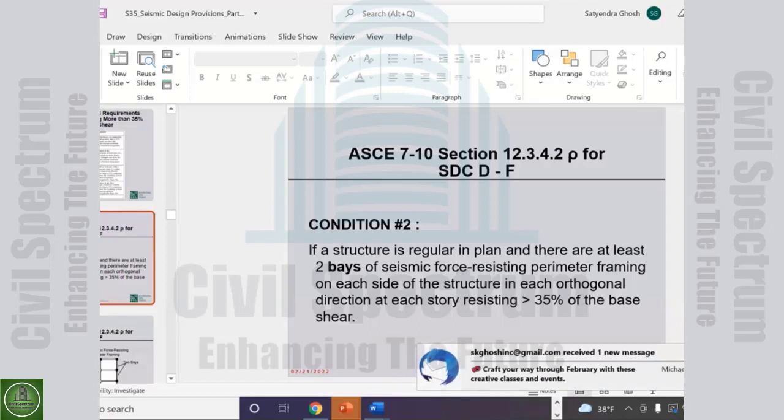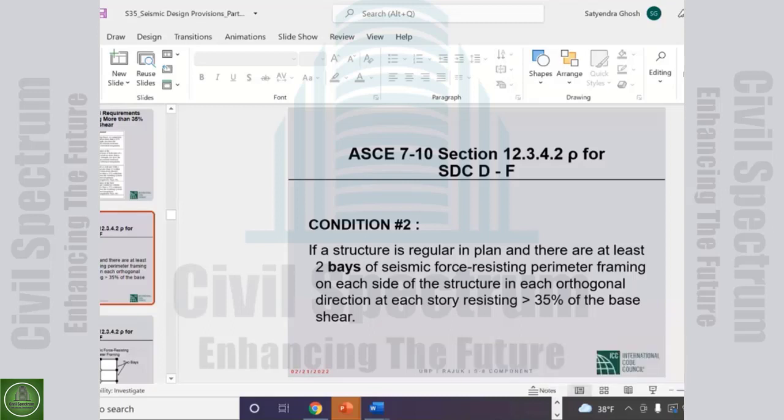There are no detailing rules like we have for beams and columns, but obviously all the tension has to be carried by reinforcement, and if the compression is high, you have to be mindful of the fact that your concrete needs to be confined. There are some detailing requirements for the collectors, but for the diaphragm there is no detailing requirement as such.